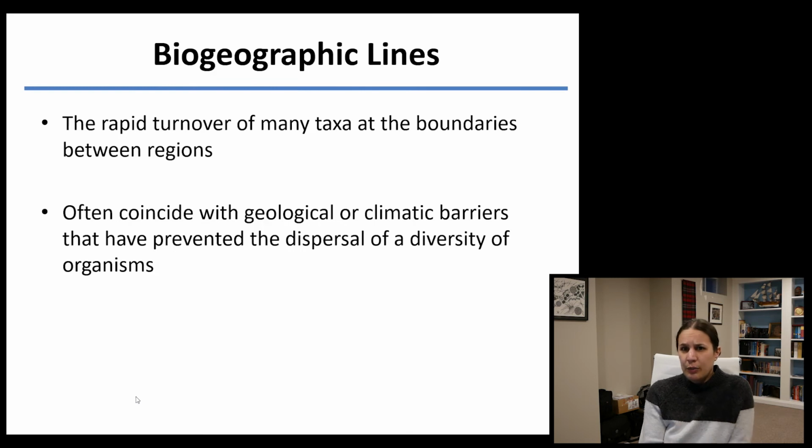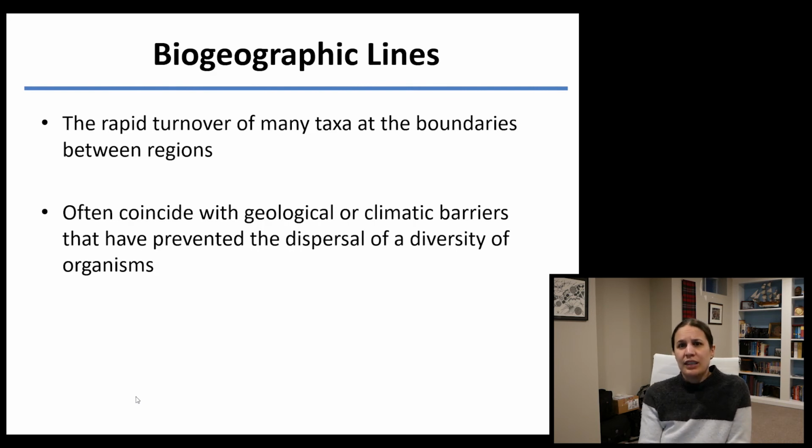These barriers are important because they prevent the dispersal of species between the bordering biogeographic provinces. When you have a barrier, you have isolation of populations and species or communities on either side of that barrier. That's going to prevent gene flow. It's going to promote diversification.